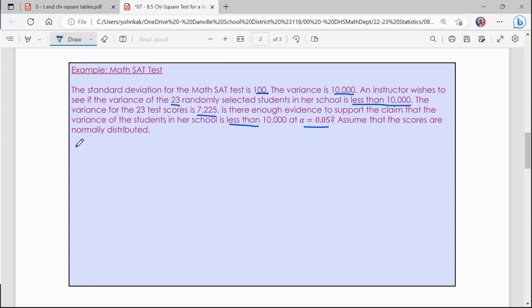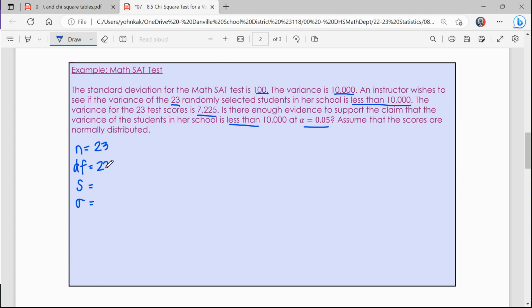For this type of hypothesis test, we need an n, a degree of freedom, an s, and a sigma. Sometimes your standard deviations are given as variances, and so therefore our variables over here are going to be squared. First of all, we have 23 randomly selected students, so that's your sample size n.